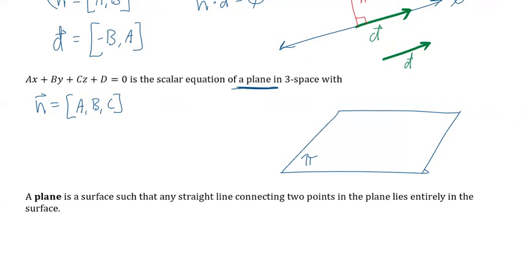So I could draw vectors all throughout, but it only has one normal, or scalar multiples of that.